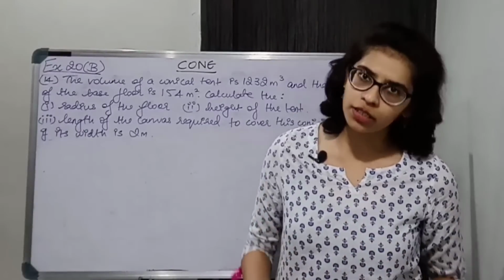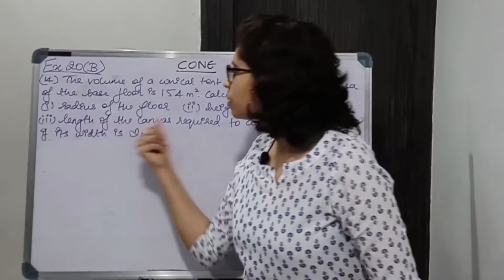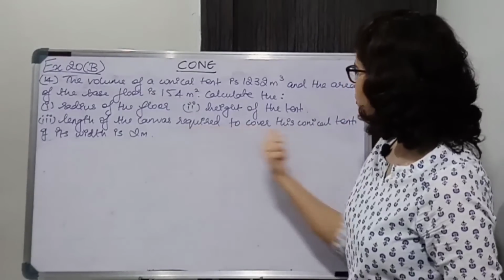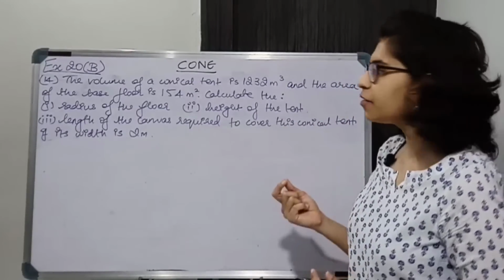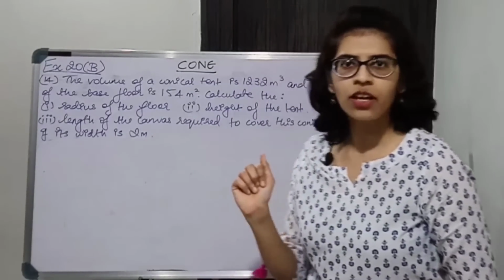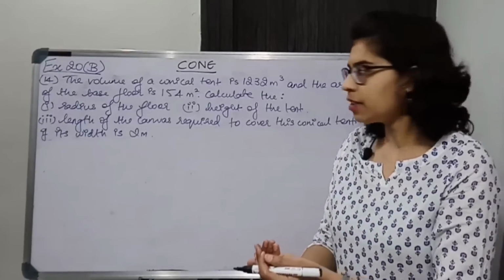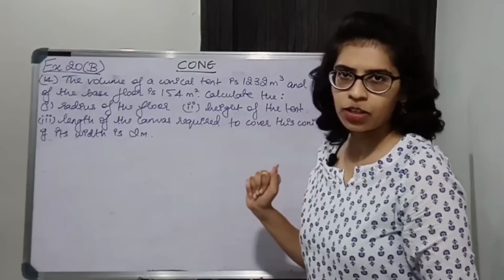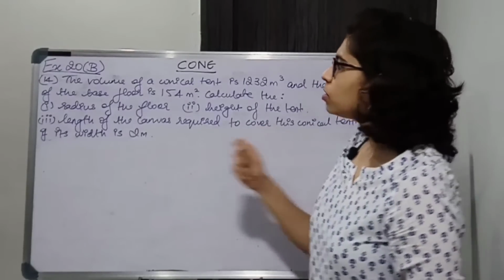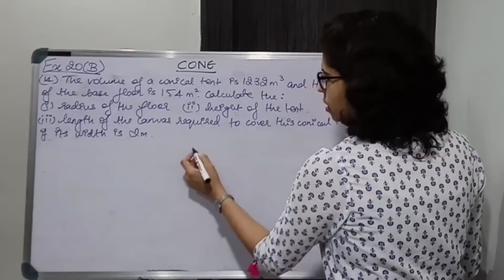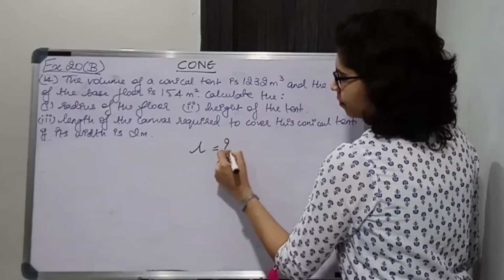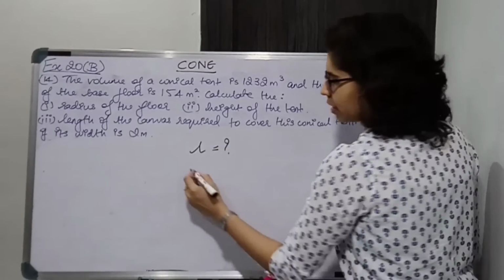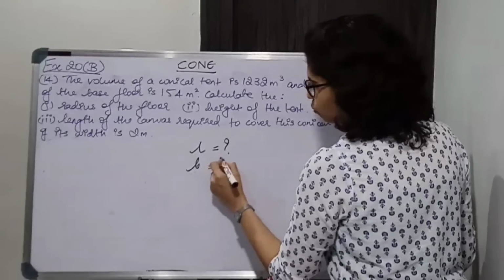Now coming to the third part of the question. In the third part you have to find the length of the canvas required to cover this conical tent if its width is 2 meters. You're covering the conical tent with the canvas. Now this canvas is rectangular. Length has to be found, and its width, that is its breadth, is given as 2 meters.